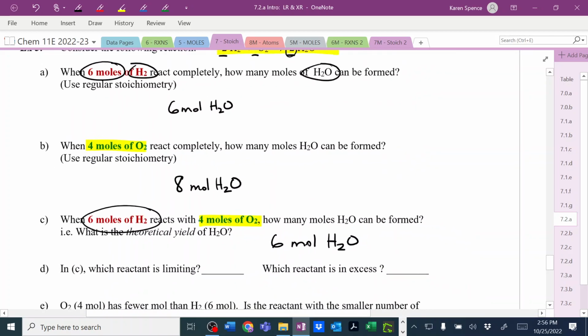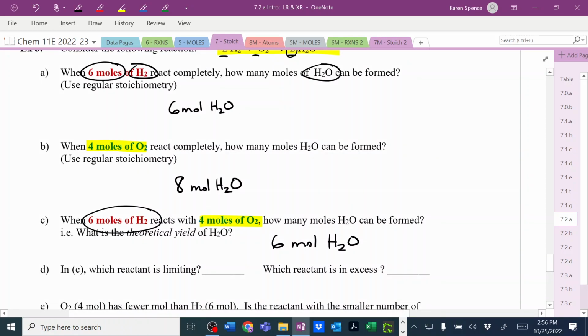Which of the 2 reactants was the limiting reactant? The H2 was the limiting reactant. It's the one that produced the smaller amount. Which reactant is in excess? That would be your O2 because it produced the bigger amount.